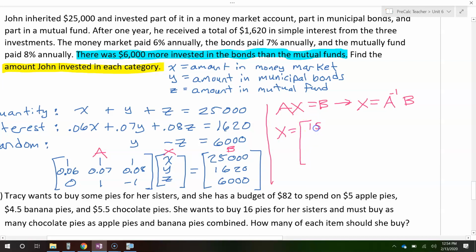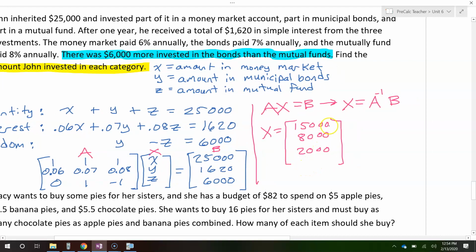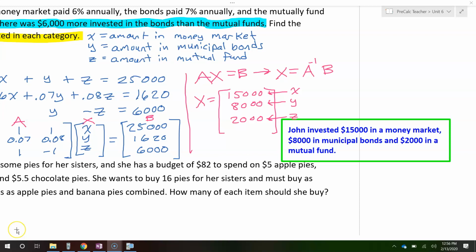Obviously this is X and this is Y and this is Z, but because this is a word problem, we have to put our final answer as a sentence. Your final answer should look something like this: John invested $15,000 in a money market, $8,000 in municipal bonds, and $2,000 in a mutual fund.